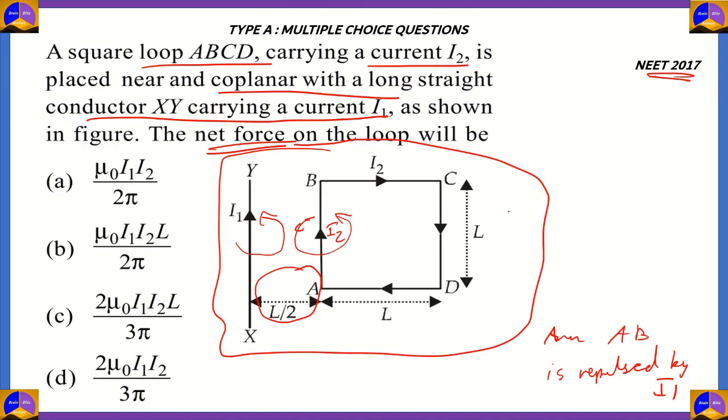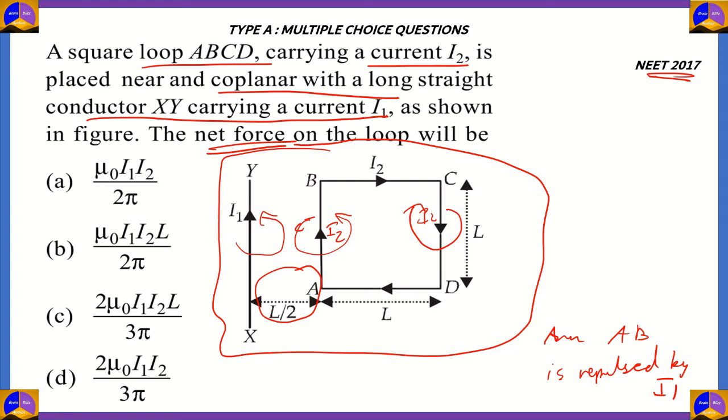Now let's look at the other arm in question, which is arm CD. As you can see, in arm CD, the current I2 is flowing in the opposite direction as that of XY. So here the current's direction changes, and since the current's direction is now opposite to that of XY, it creates the effect of the opposite pole.